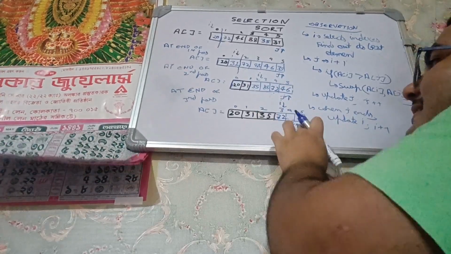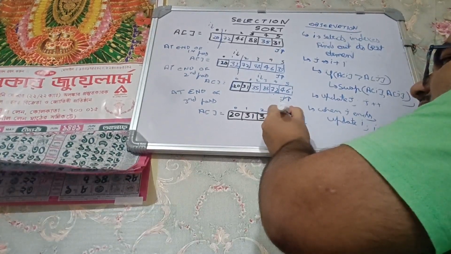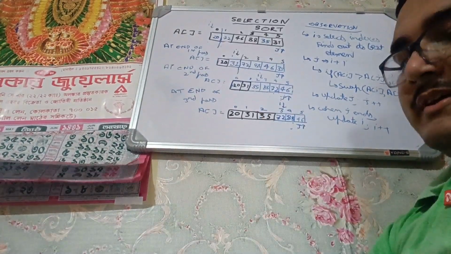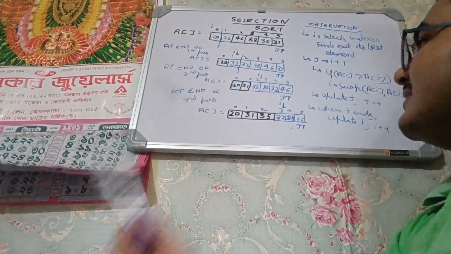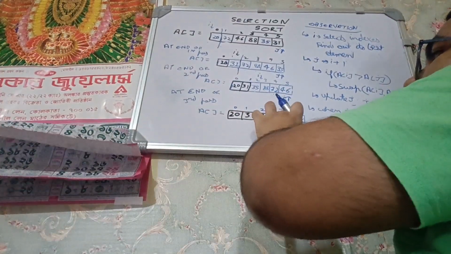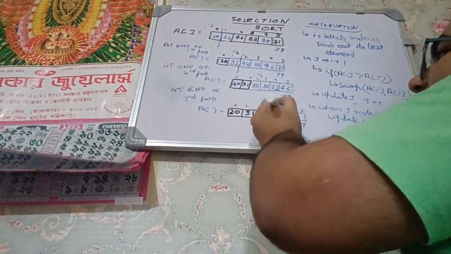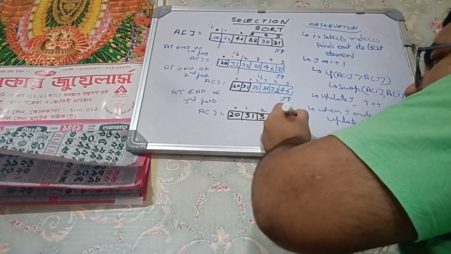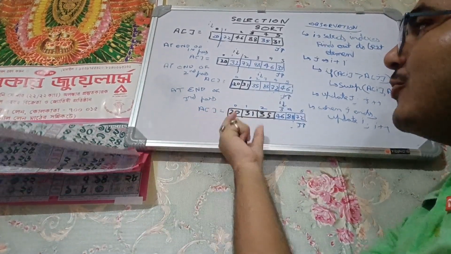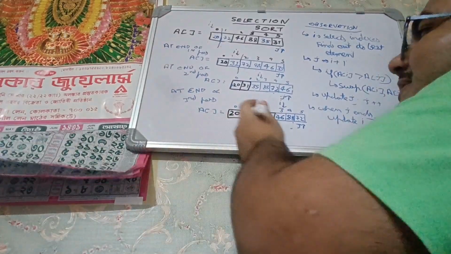Okay, and J moves to the next index. Is 72 greater than 46? Yes, swap them. 46, 72. Okay, and thus at the end of fourth pass we are left with this array.